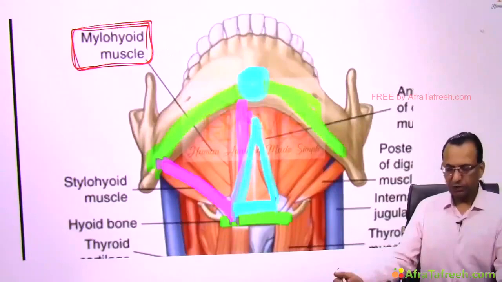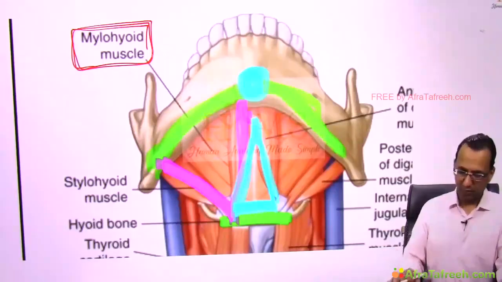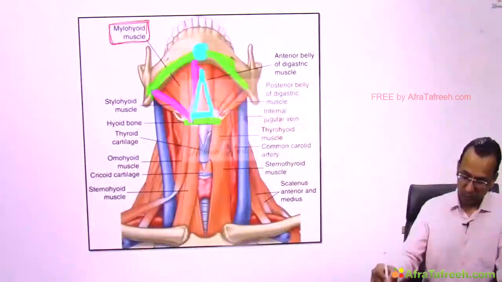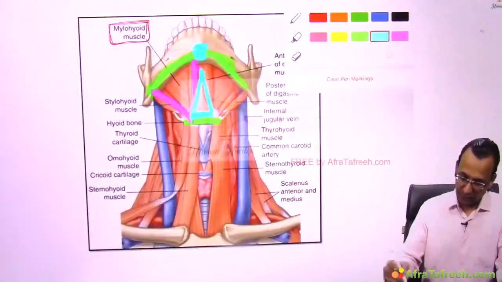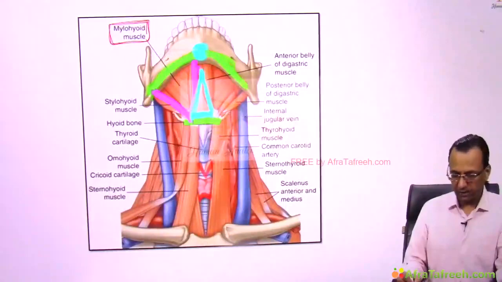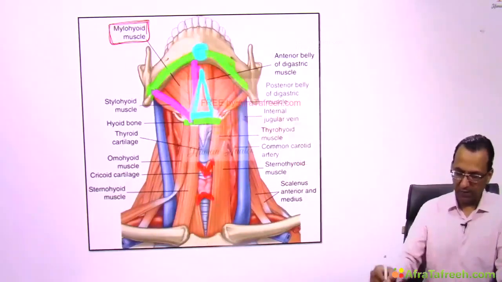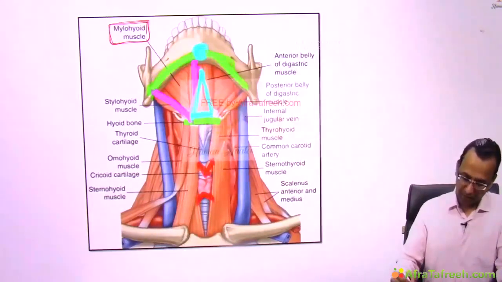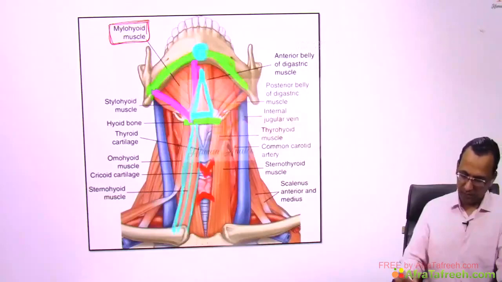Okay, which other triangle do you want to see? If you want to talk about other triangles, you can see here. The thyroid gland. Some glimpse of the thyroid gland is here, because it is covered by some muscles. What is this? This is the sternohyoid muscle, a strap muscle.